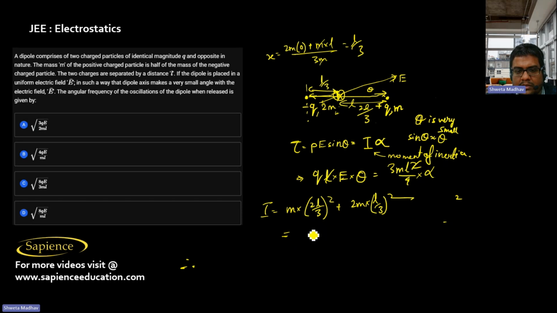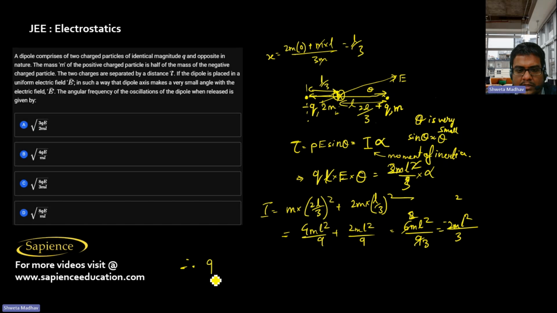So it is 4ml square by 9 plus 2ml square by 9, which is equal to 6ml square by 9. Dividing by 3, it is 2ml square by 3.